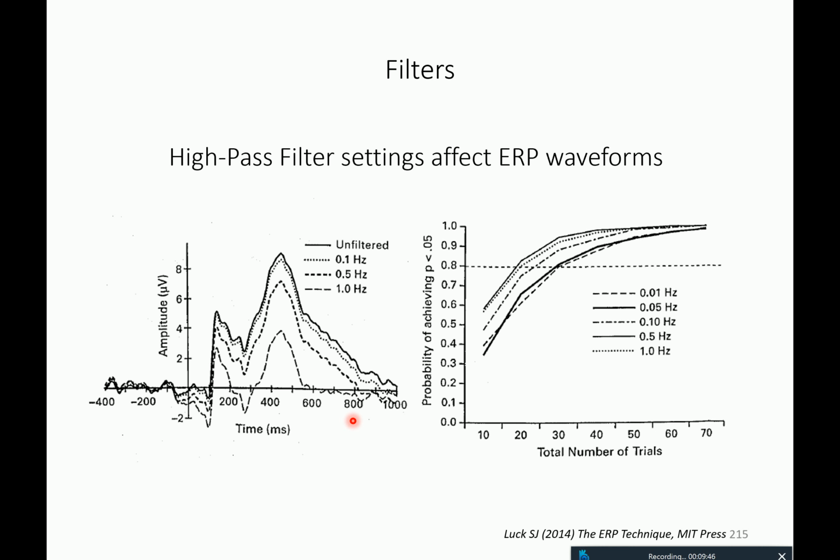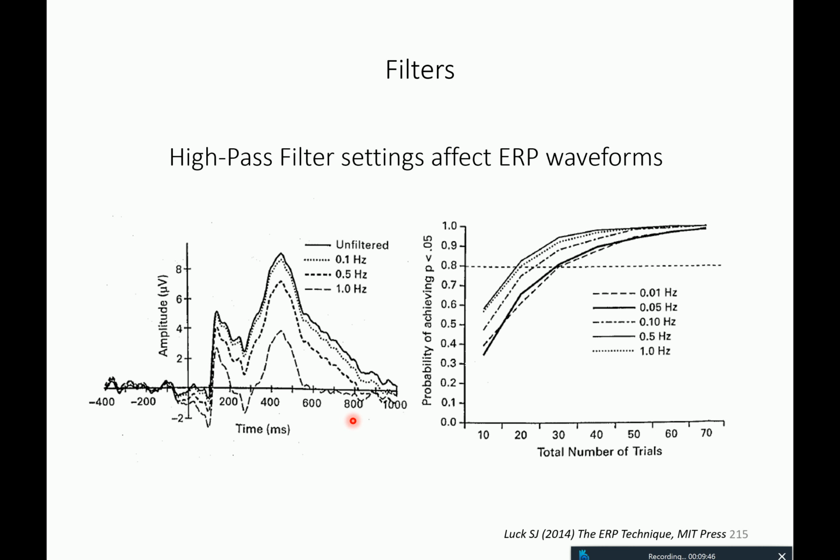The question is, how much of an effect does it have, and mainly also, does it affect the conclusions you draw from the data? So for example, does a difference between two conditions suddenly disappear after certain preprocessing settings in terms of filters or artifact corrections? So that there is an effect is kind of clear. The question is, what do you make of that?